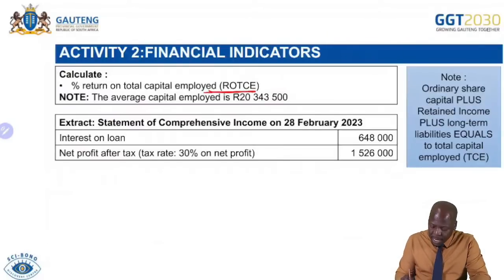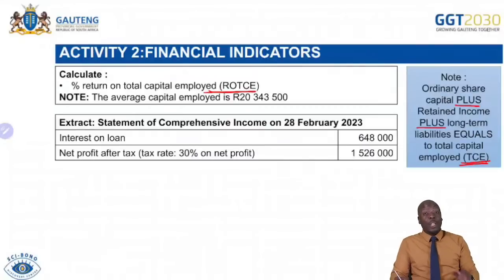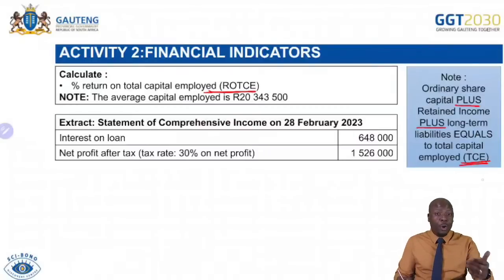Your ordinary share capital plus the retained income plus the long-term liabilities equals your total capital employed. As I said earlier on, you need to know your formulas by heart before you go into the examination.